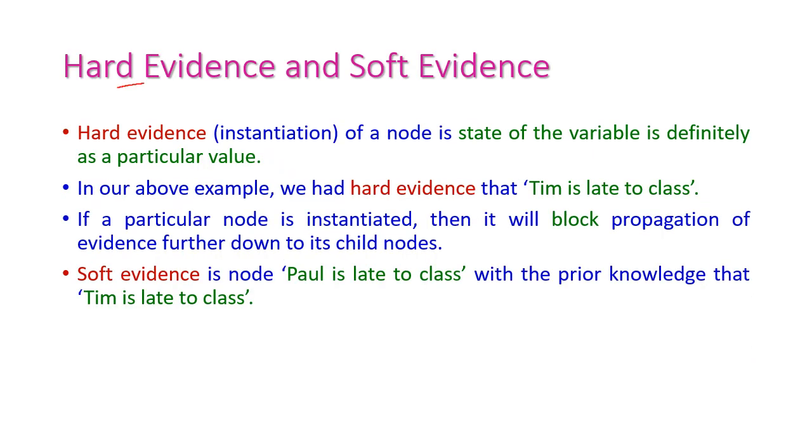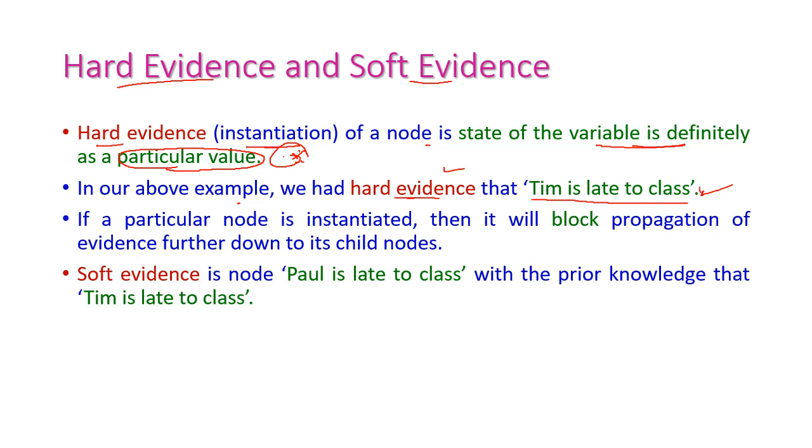And now let us try to understand what is hard evidence and soft evidence. Hard evidence means instantiation, that is, the state variable of the node is definitely a particular value. Then this is called hard evidence. As per our example, the hard evidence is Tim is late to the class.